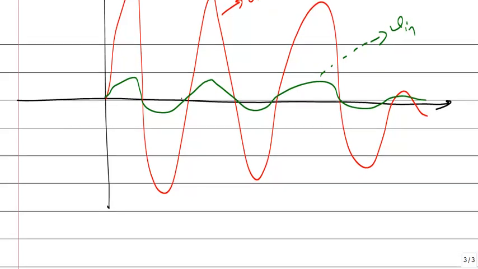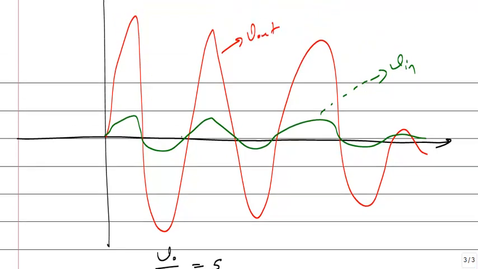In this figure, V out is approximately 5 times higher. You apply a small voltage, for example 1 volt, minus 1 volt, but at the output you see a voltage of 5 and minus 5.